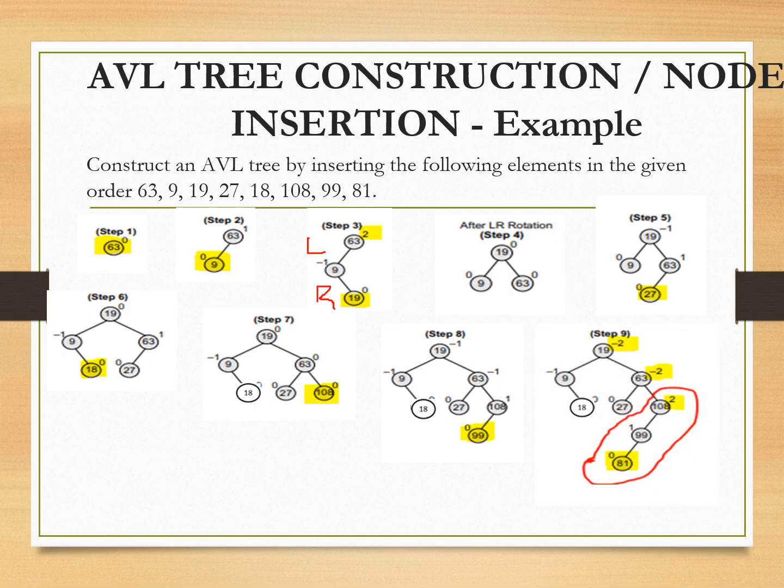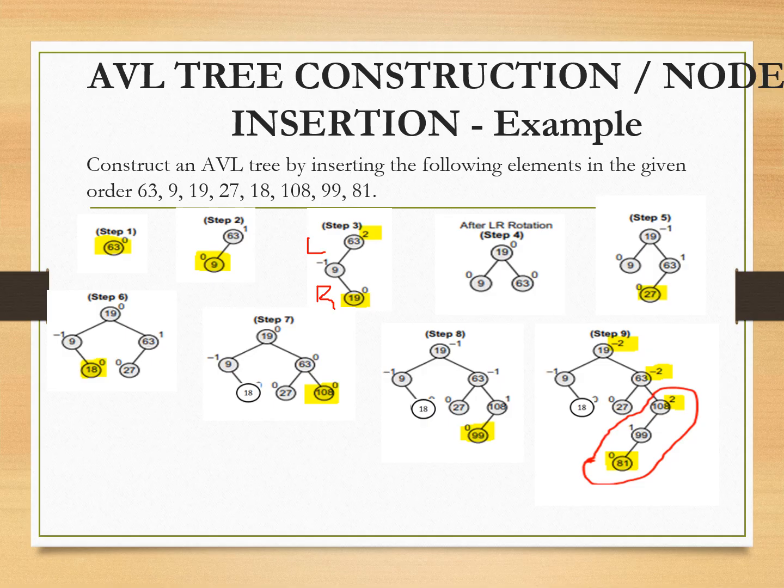Now insertion of 81. Greater than 19, so to the right, greater than 63 to the right, lesser than 108, so to the left, lesser than 99, so to the left. So here by inserting 81, three nodes have become imbalanced.